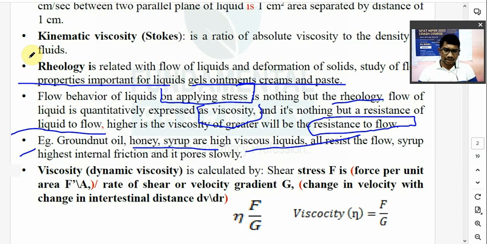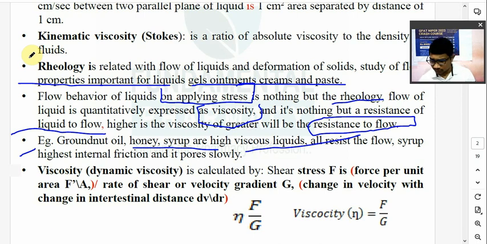If you have seen a suspension, it is very viscous and has suspended particles. At rest, the suspension has a higher viscosity. Now if you try to pour that suspension, it will not easily get poured. If you shake that suspension bottle and then try to pour, it pours easily. Why? Because just by simply shaking, the rheological properties of that suspension change.